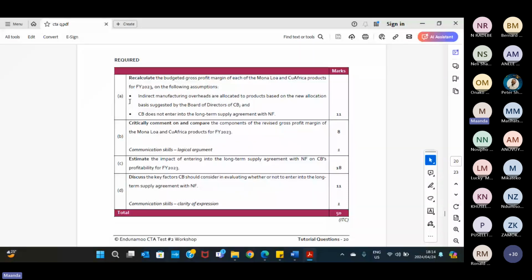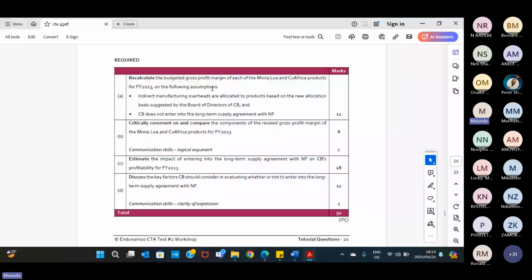Understanding the required is actually easy because you just need to break down everything. Even when I'm reading my required, I don't just read everything and try to contextualize it. I first break it down so that I know exactly what I am required to do.